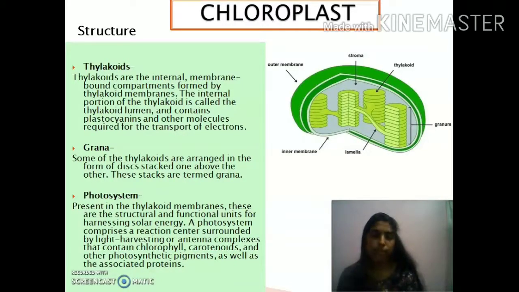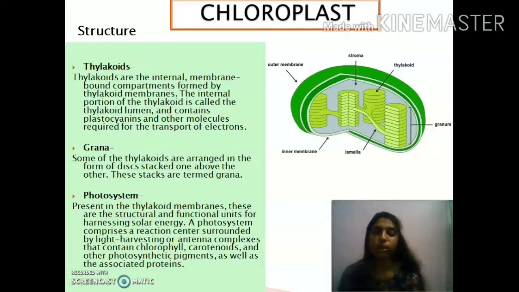That is, they capture the solar energy and then transfer the energy to perform the different steps of light reactions. Clear? So the photosystems consist of different types of essential pigments named chlorophyll, carotenoids, xanthophyll, etc. And all of this together constitutes the photosystems.